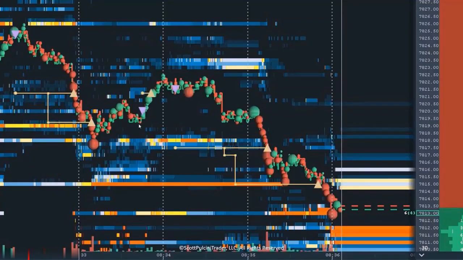Ideally you want to see sellers taking over after this exhaustion, with more red dots increasing and pushing the price down, which didn't happen. I saw more volume coming, and if it gets below this high, I'm like, okay, I'm out. I'm willing to take these couple of ticks and see if I can get back in later.